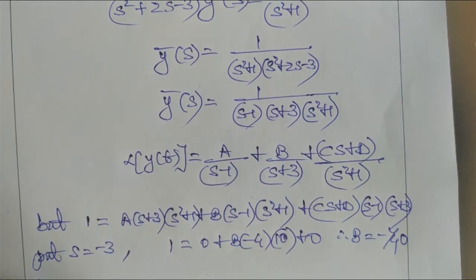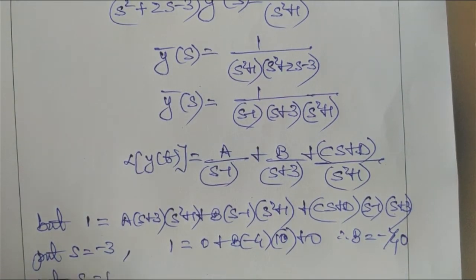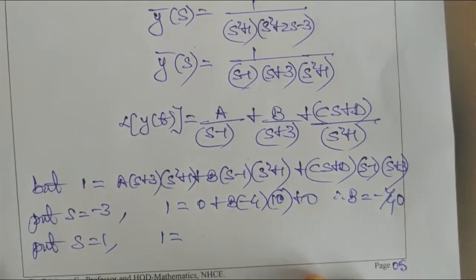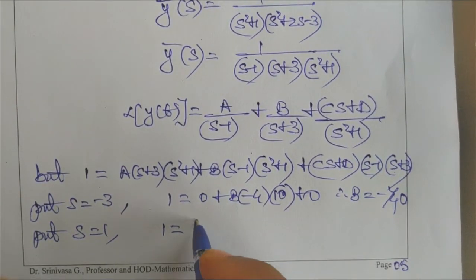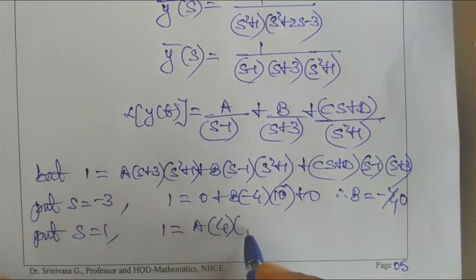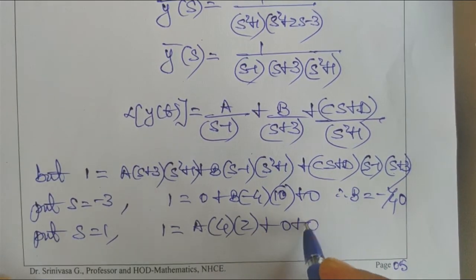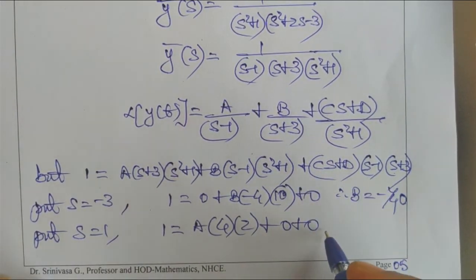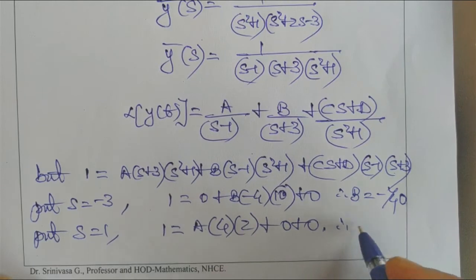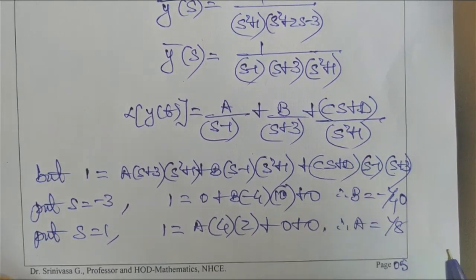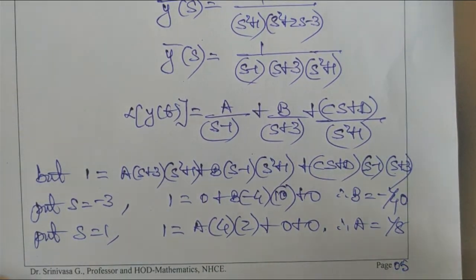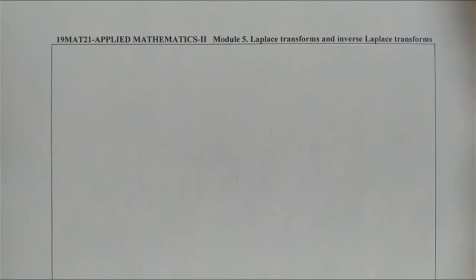Then put s = 1: 1 is equal to A into 4 into 2 plus 0 plus 0, therefore A is equal to 1 by 8.